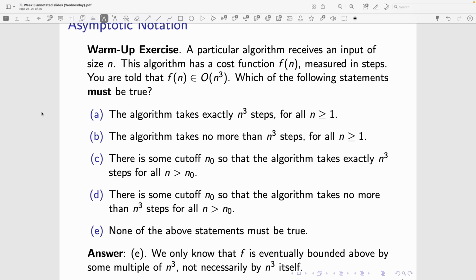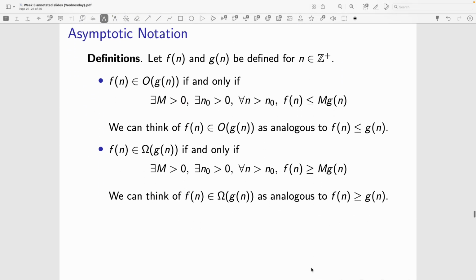Again, we'll formalize what I mean by around n cubed steps very soon, but it's not exact. And it's not a strict inequality either. So yes, it's bounded above by some multiple of n cubed. Let's formalize that.